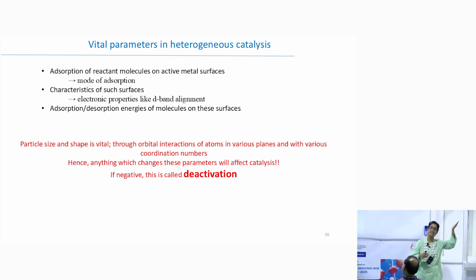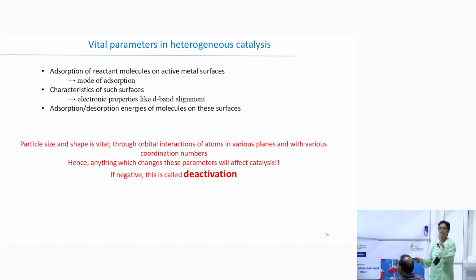That means you have to go to much harsher conditions to desorb it. So everything should be at an optimum. And then the characteristics of surfaces become important. You saw that it is not simply the surface area exposed. It is also electronic effects and d-band alignment. All those things come into play, along with the adsorption and desorption energies of the molecules.